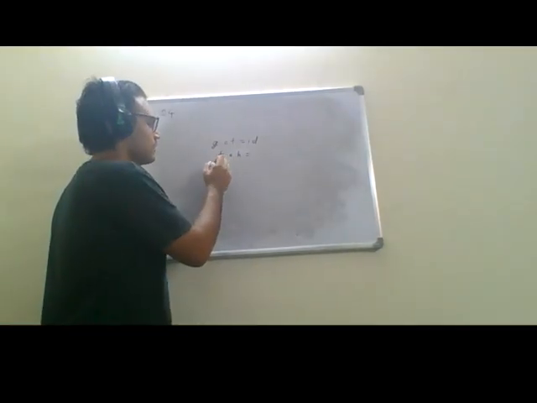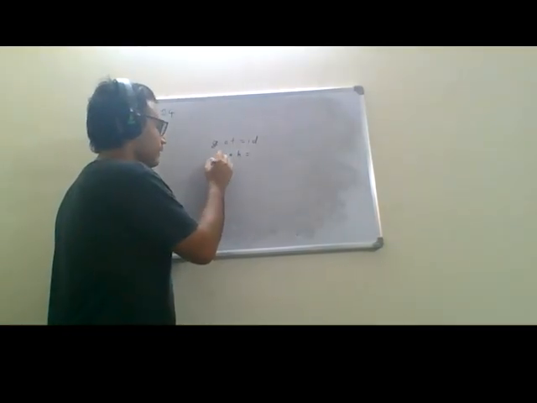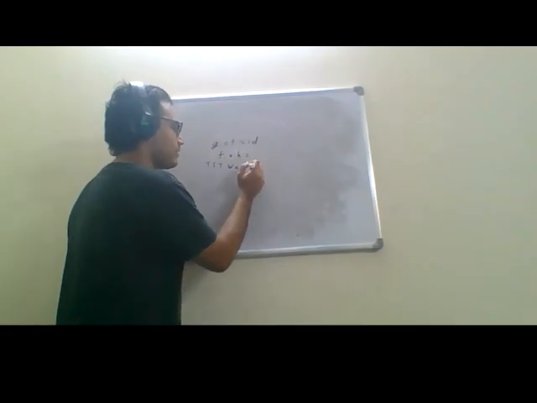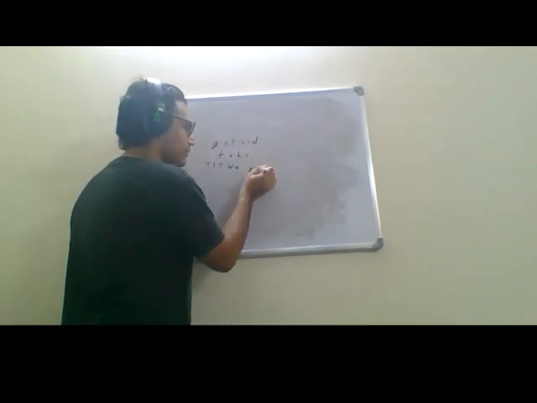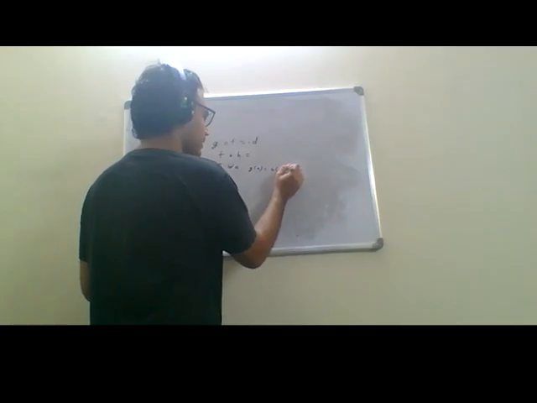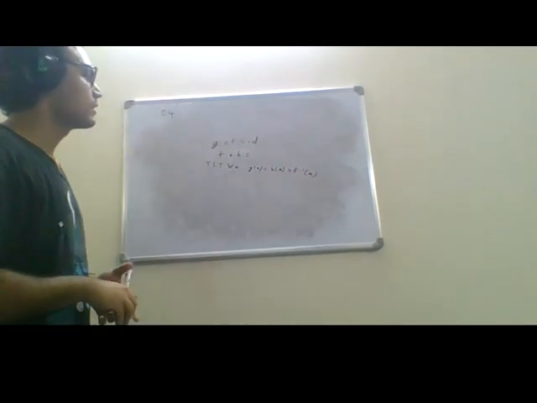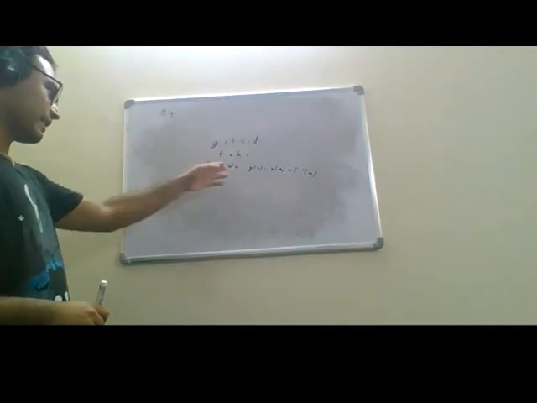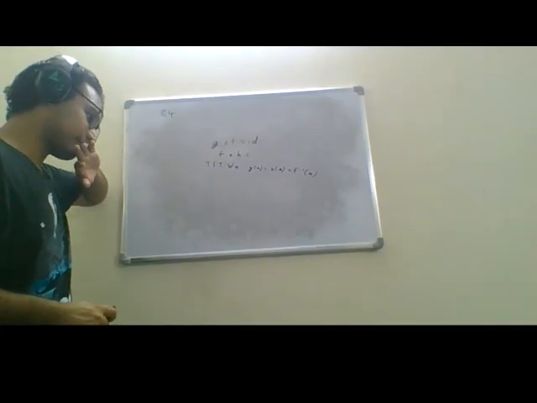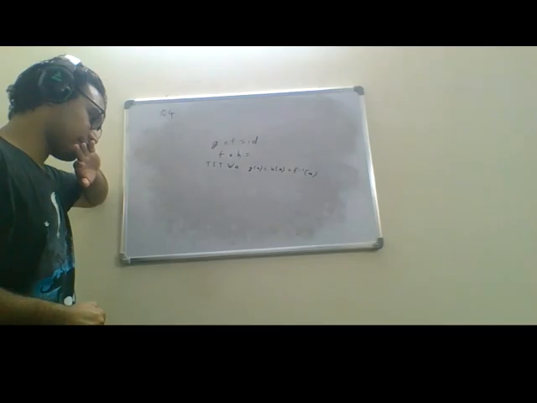So to show that for all A, G of A is equal to H of A is equal to F inverse of A. That should do it, right? So let's just let A be arbitrary.